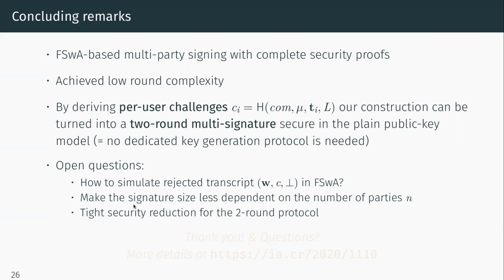Also, this approach makes the signature size relatively large if the number of parties is large. So how can we make the signature size less dependent on N? And also, can we avoid rewinding for the two-round protocol? This I have no idea.